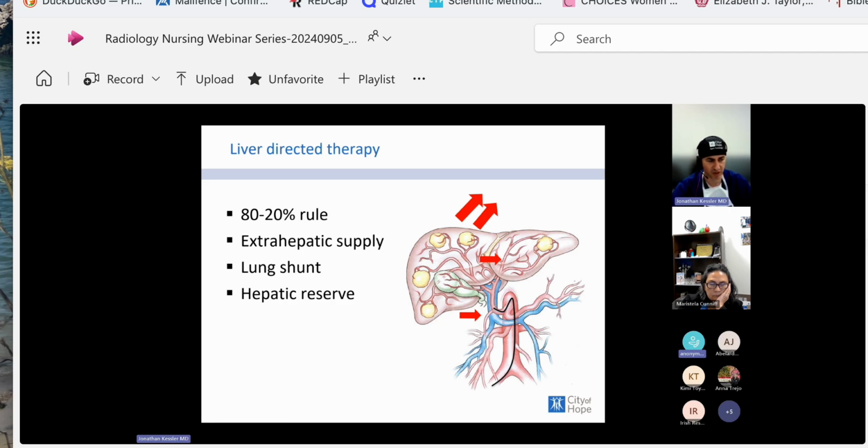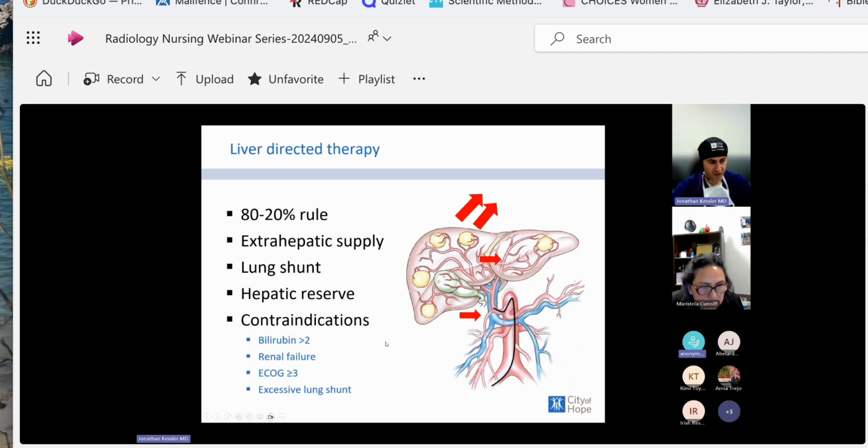So a patient with a bilirubin of, let's say, 2.5, who I'm going to be treating from right here. Well, if 20% of that ends up in the normal healthy liver, that might be really, really dangerous, because we're going to be hurting a lot of the liver if that goes there. Now, maybe a patient with a bilirubin of 3, if I'm treating right out here where my arrow is, I may be getting entirely tumor. So that might be a case where I'm less concerned about it. These are the factors that we're always thinking about when we're trying to decide how much hepatic reserve a patient has.